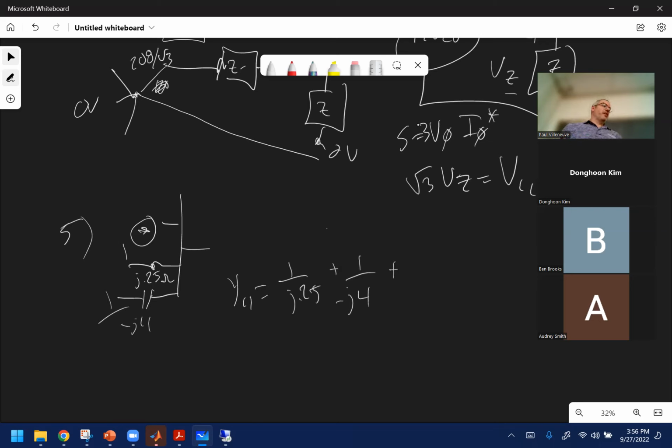And usually when you have more of an inductive circuit, that tends to be the case. And so for whatever reason, you weren't inverting the J term, because that J.25 inductor in ohms looks like minus J4 for admittance.